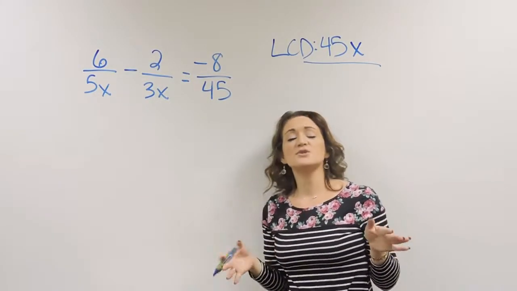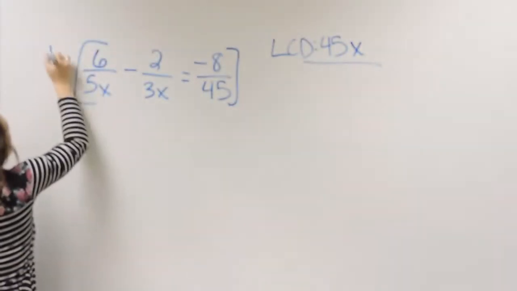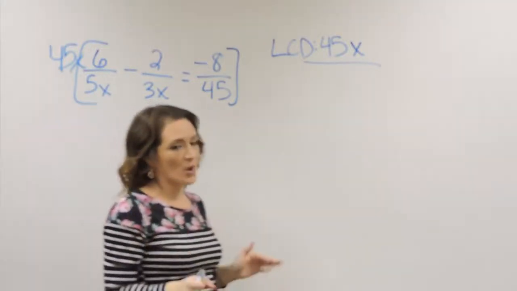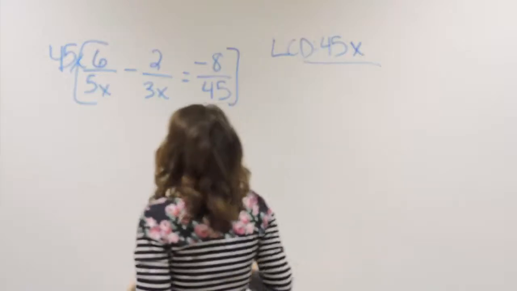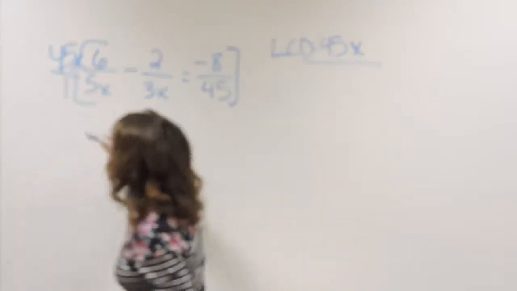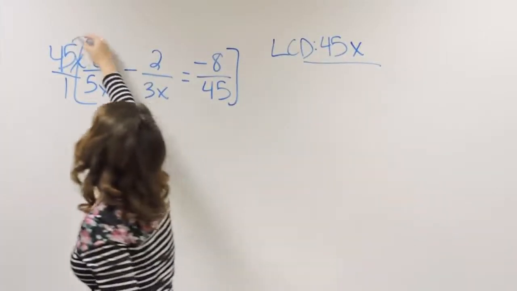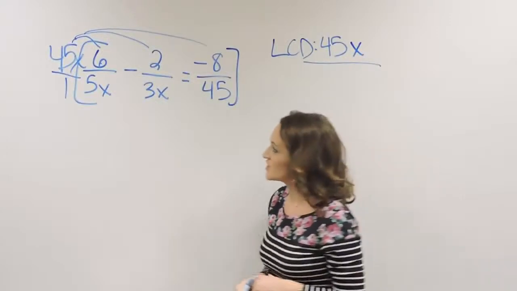Now that we have found our common denominator, we are going to multiply the entire equation by it. So we're going to multiply everything by 45x. I'm going to put that 45x over a 1, and we're going to distribute that to the entire equation.